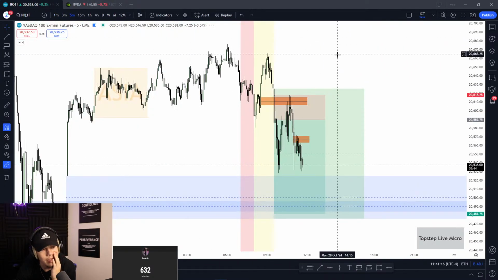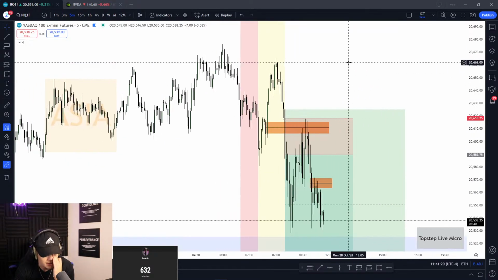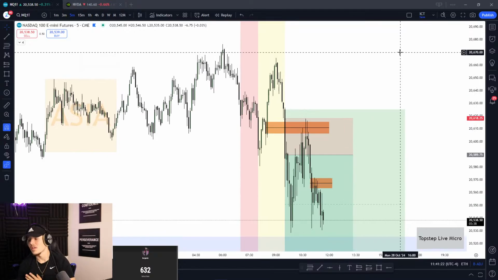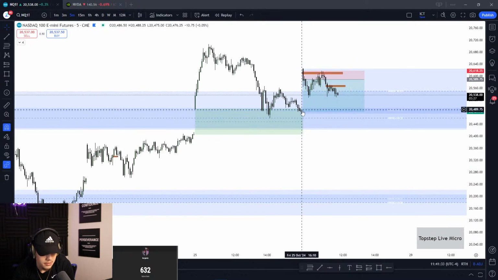I feel like any minute now we're just going to get an insane amount of volatility to the downside. Due to that, we're just going to continue to itch down lower and lower. What are we looking for? The low of the opening range gap and the new week opening gap.